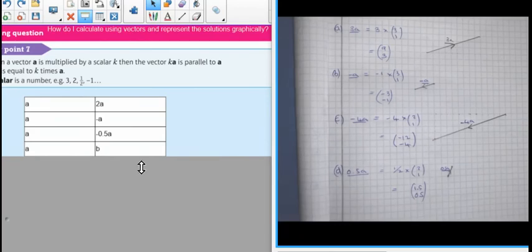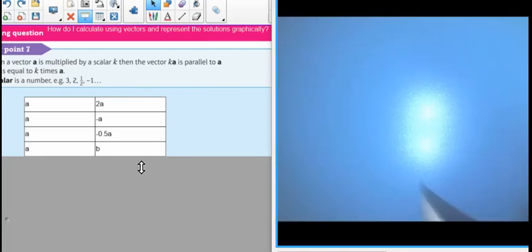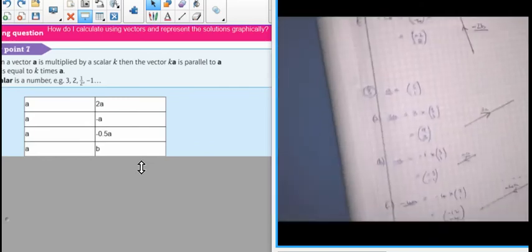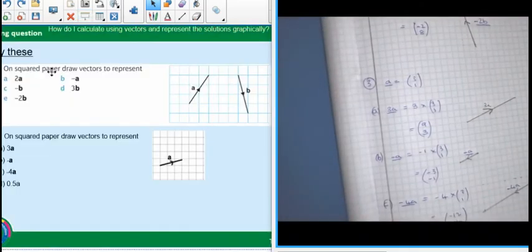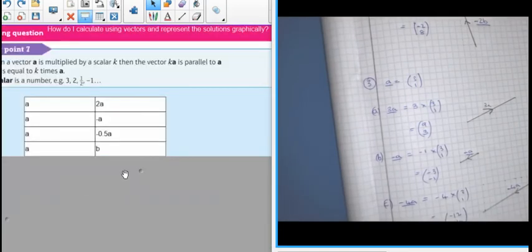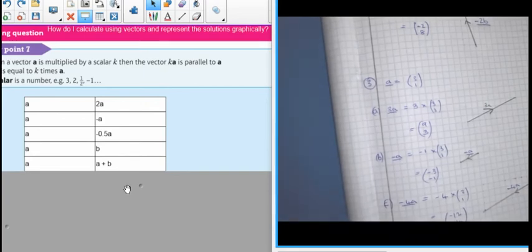Is a parallel to b? No, if we look back up some of our previous questions where we've got two different vectors, a and b. Might have to turn back the slides here. So here, a and b, no, they're not parallel, are they? a and a plus b, no, they're not parallel.